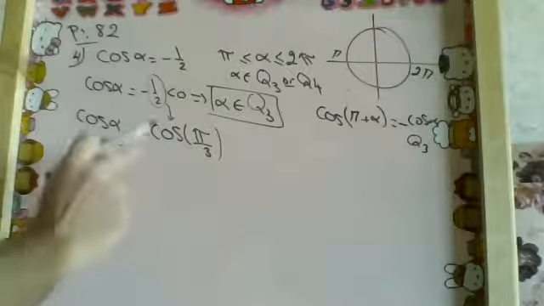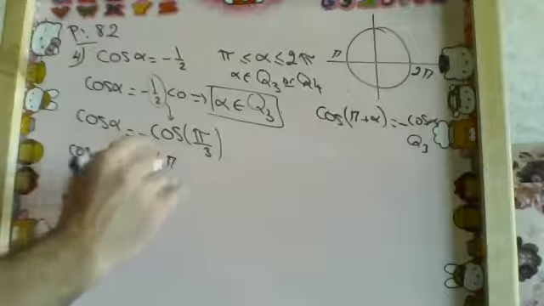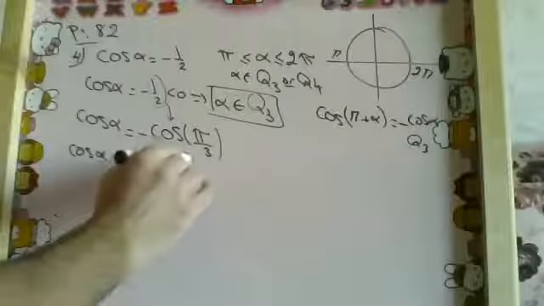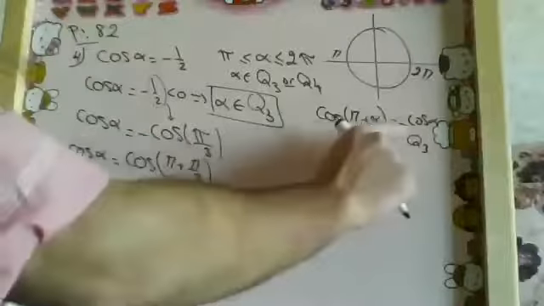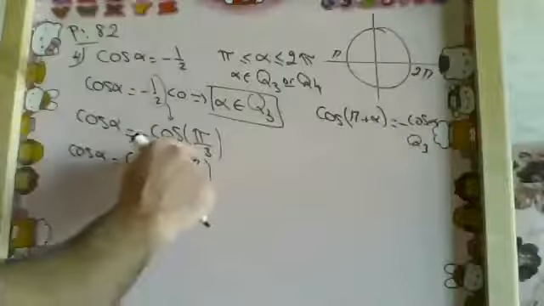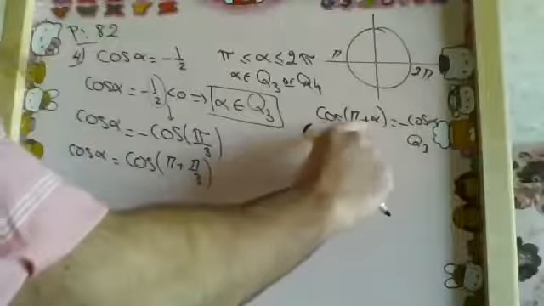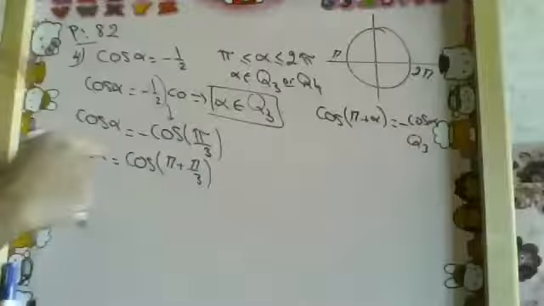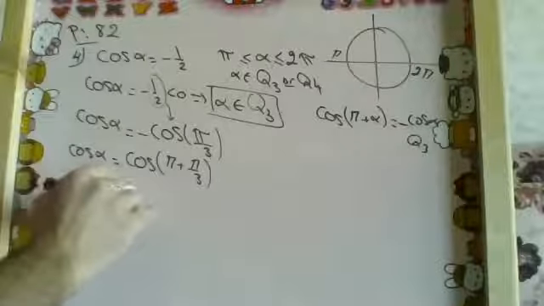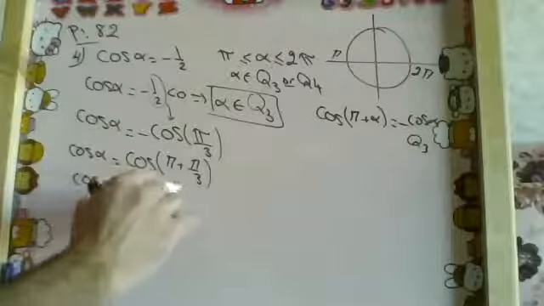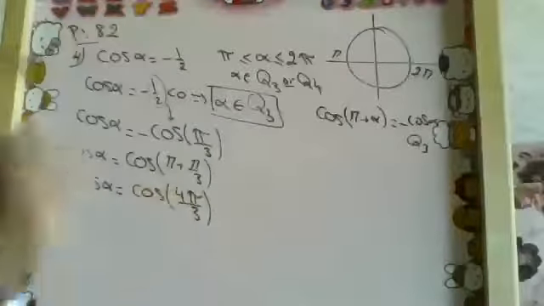So we can put cosine alpha equals cosine of pi plus pi over 3. Negative cosine pi over 3 is equal to cosine of pi plus pi over 3. So cosine alpha equals cosine 4 pi over 3.